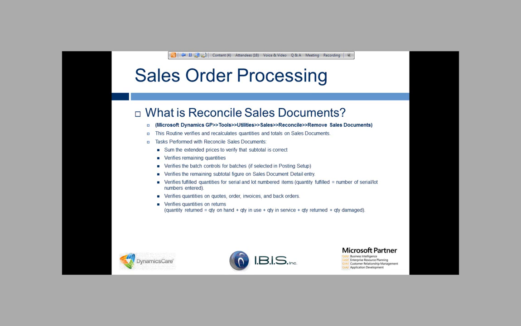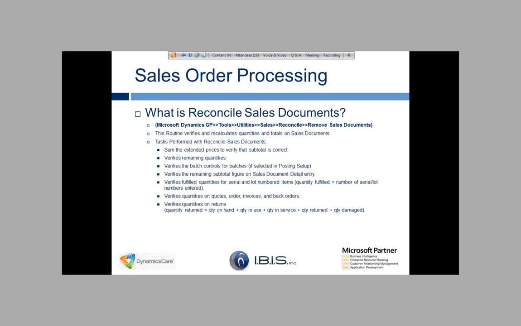What this routine does is verify and recalculate quantities and totals on sales documents. When you reconcile sales documents, these tasks are performed: it sums the extended prices and verifies that subtotals are correct. It verifies remaining quantities.